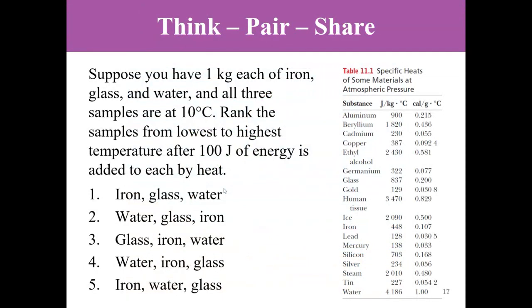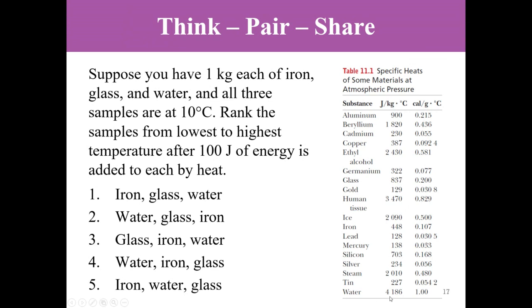Check your understanding. Suppose you have 1 kilogram each of iron, glass, and water. For iron, the specific heat is 448. For glass, it is 837.